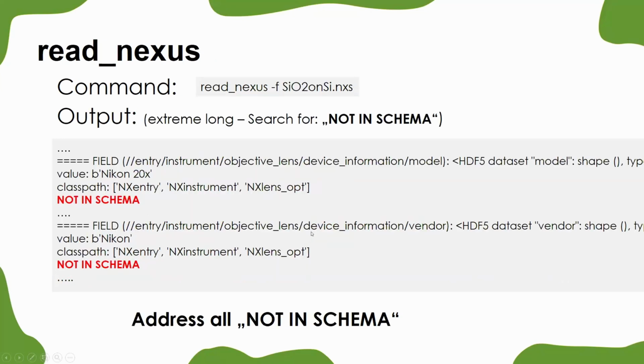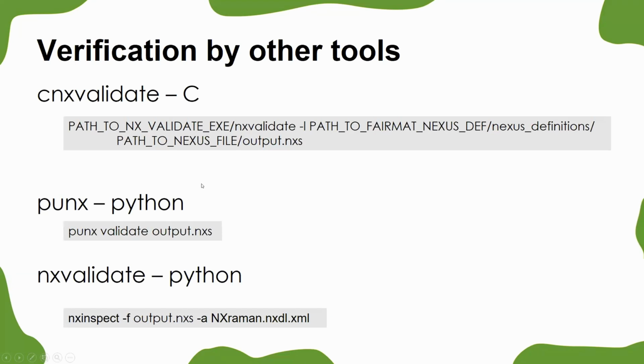For the read NeXus, the output is extremely long. You can save it to a text file and search for messages like 'not in schema', which is an indicator that something is wrong. It compares the file with the NeXus definition language you have installed, and then you can find what is incorrect.